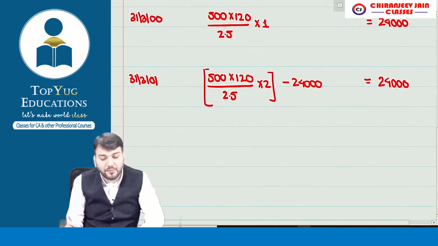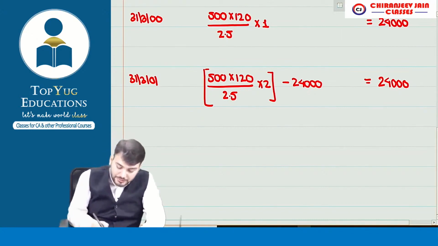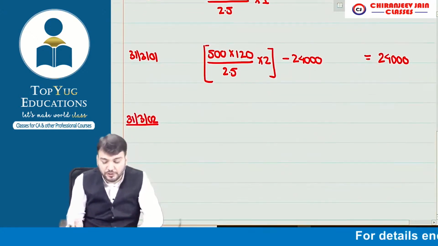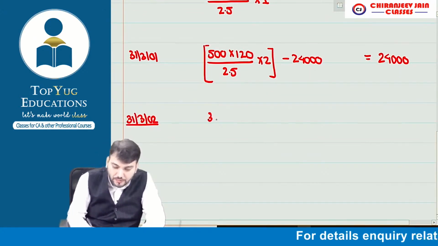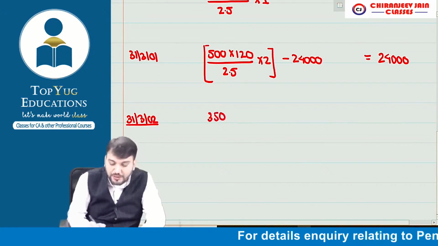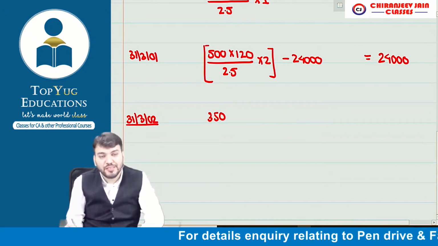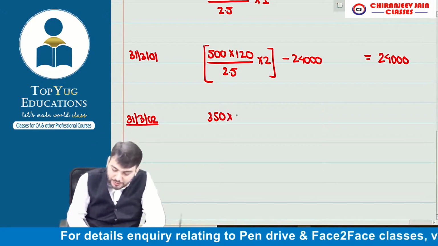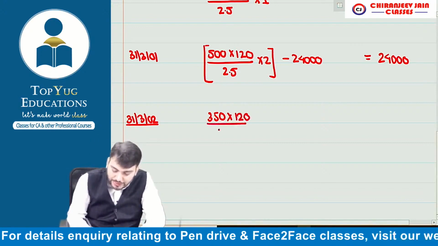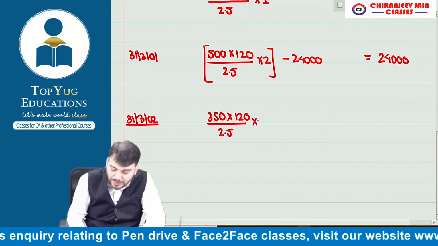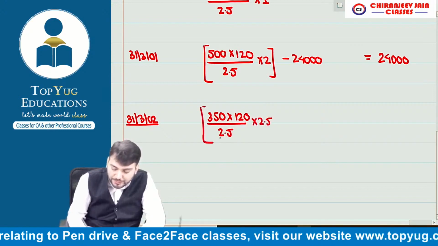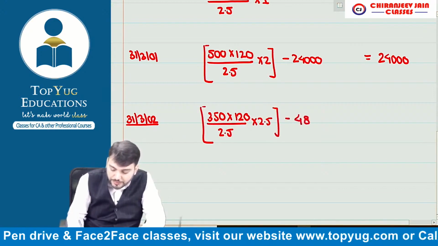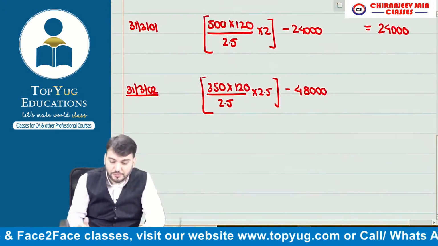Correct? Then for the year ended, next year will be 31st March 2002. Year end is 31st March 2002. So can I say now we will recognize for 350 options, because the actual number of options that is vested is 350, into 120 divided by 2.5 into 2.5, minus what? 48,000.